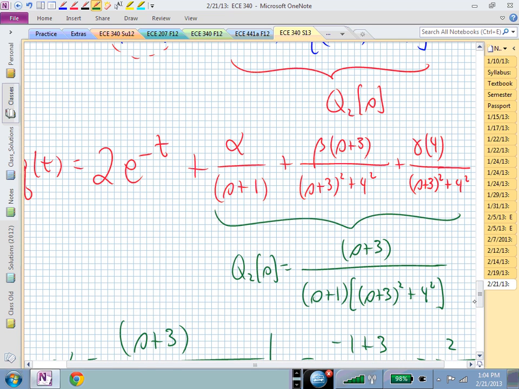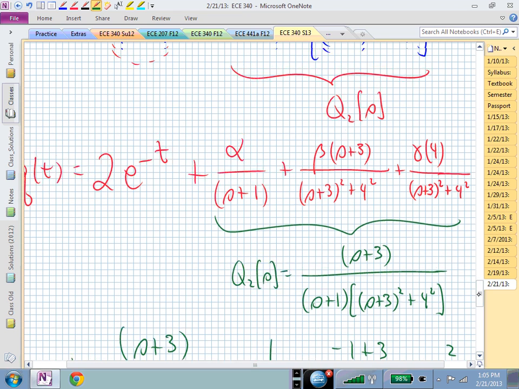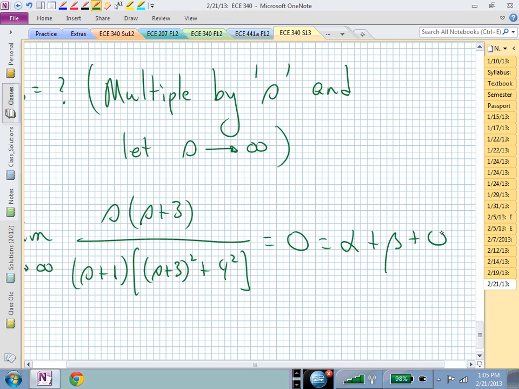Now, what's the gamma piece look like? I've multiplied it in the top by s. I have s squared downstairs, and I'm letting s march off to infinity. That one goes to 0. Now I have 0 equaling alpha plus beta. And I just found alpha before.